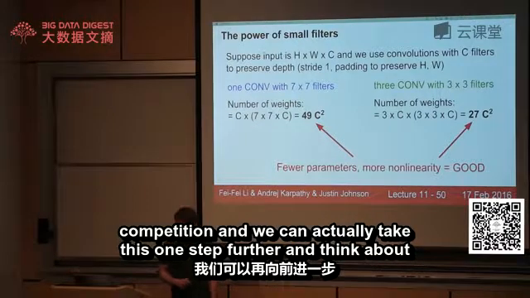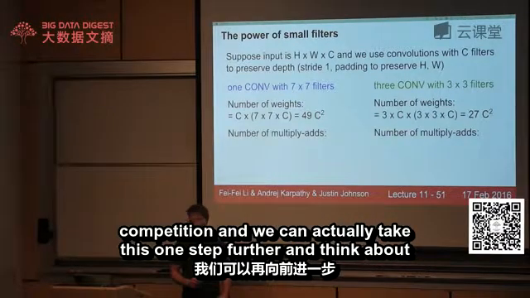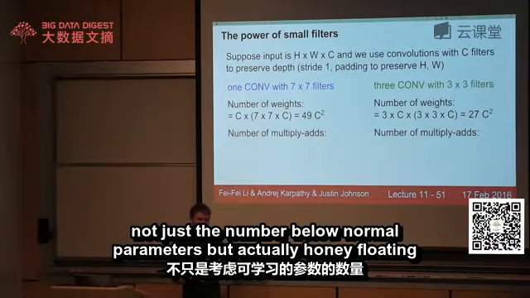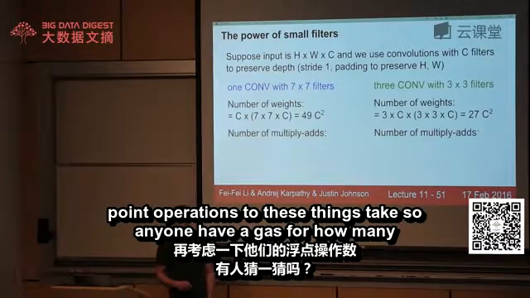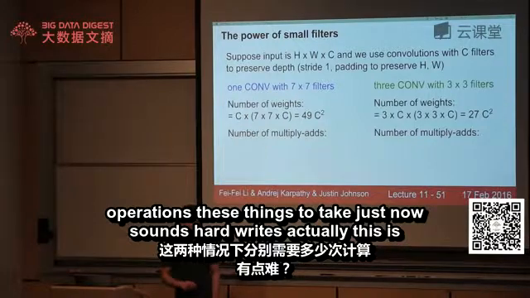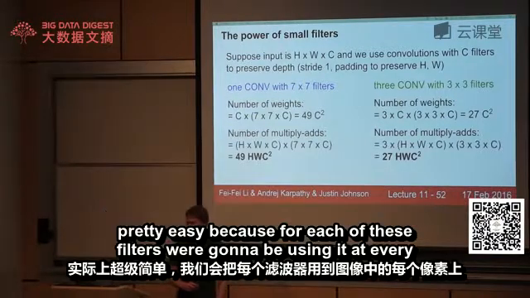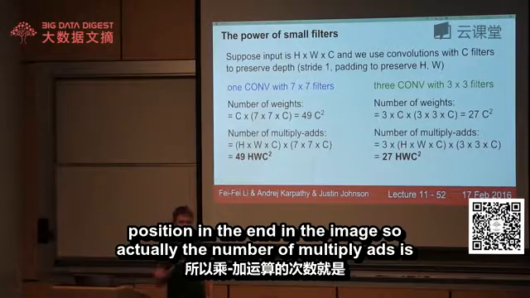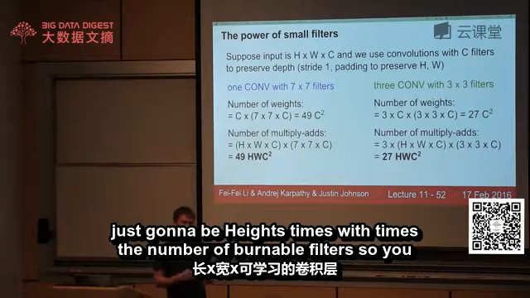We can take this one step further and think about not just the number of learnable parameters, but how many floating point operations these things take. Anyone have a guess for how many operations these two take? Guess not? Sounds hard. Actually this is pretty easy, because each of these filters is used at every position in the image. So the number of multiply adds is just height times width times the number of learnable filters.